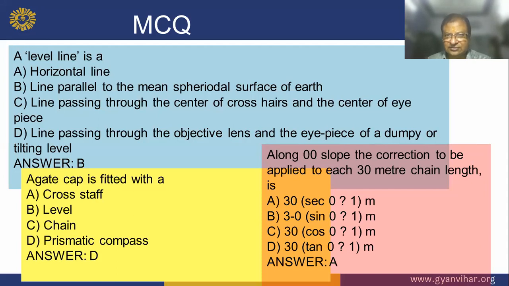And along a zero slope, the correction to be applied to each 30-meter chain length. What is the correct answer in the four answers? The correct answer is A.